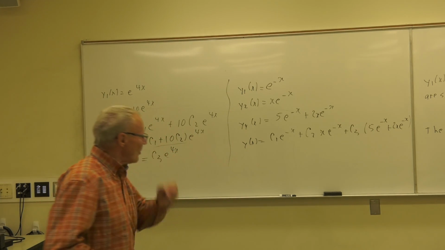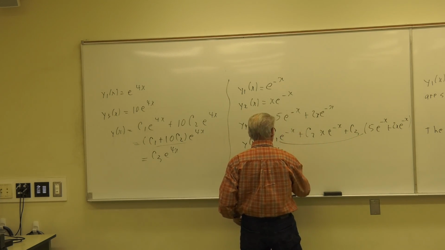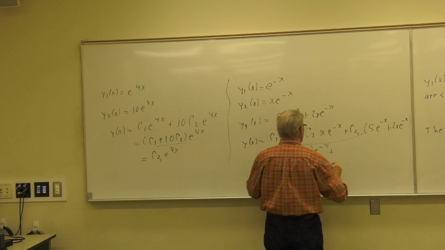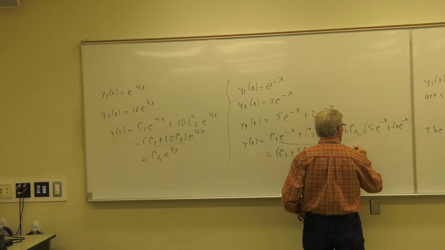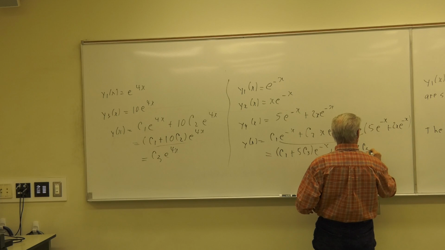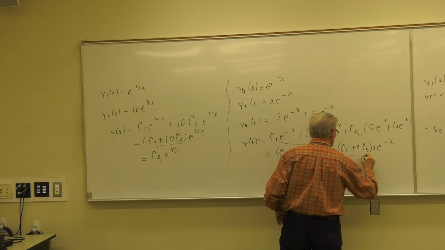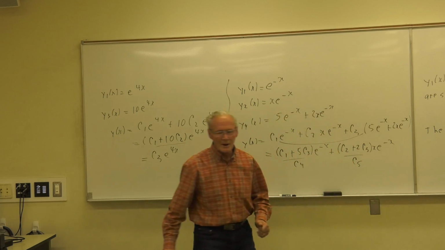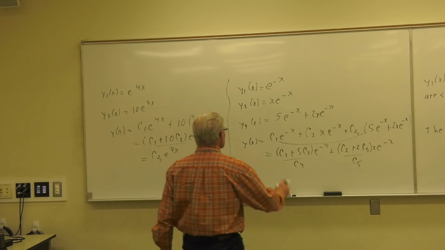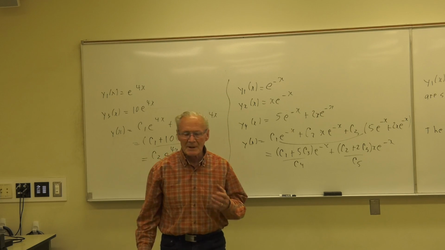And the answer is no. I could group these 2 and write c1 plus 5c3 e to the minus x, and I could group the other 2 and write c2 plus 2c3 x e to the minus x. Call this c4, call this c5, and you've only got 2 parameters. So I cannot superpose these 3 and get my 3-parameter family of solutions.